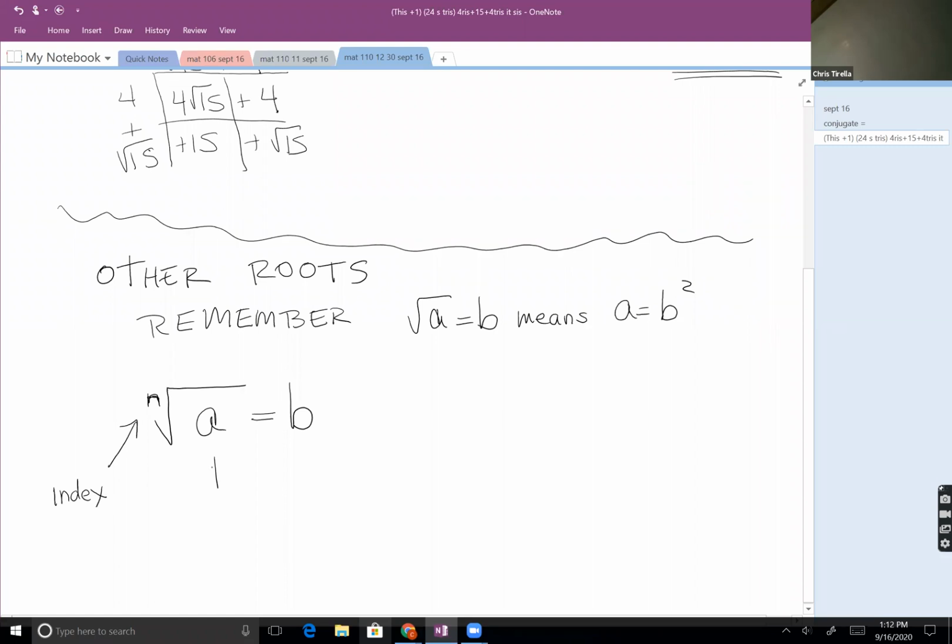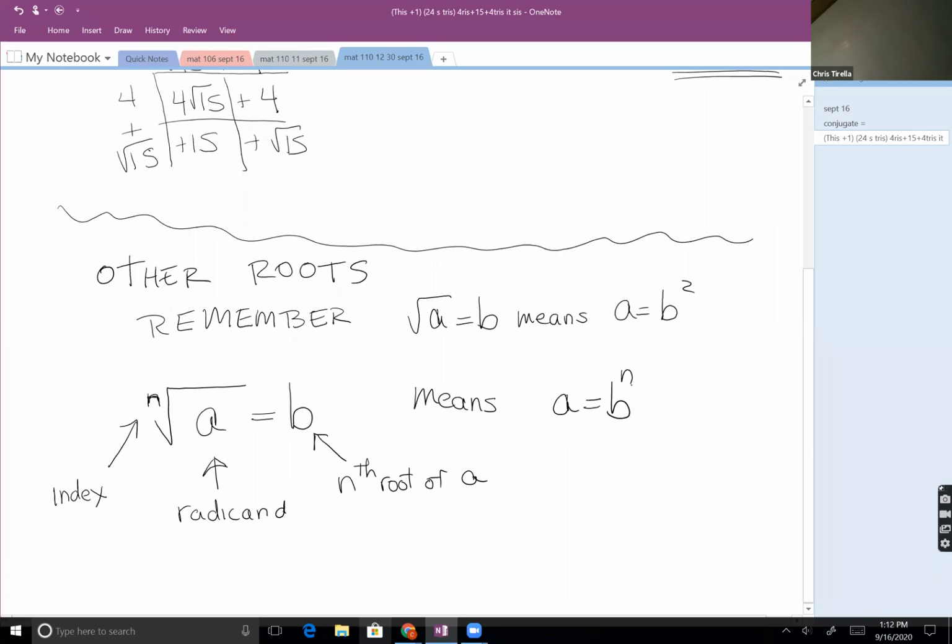A is still called my radicand. And what I'm getting is the nth root of A, and what that means is that A is equal to B to the N.